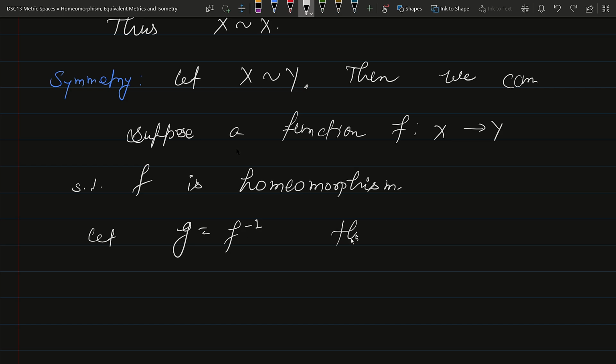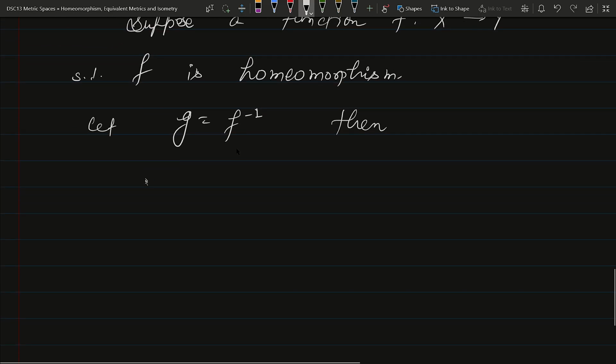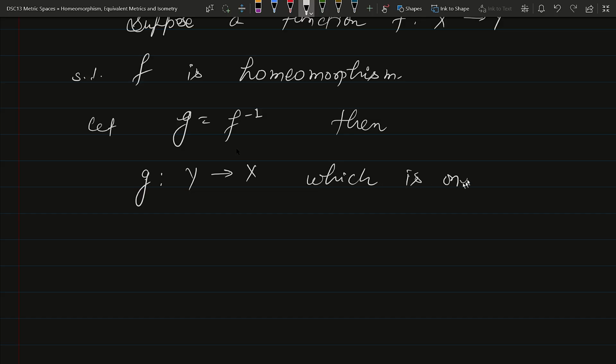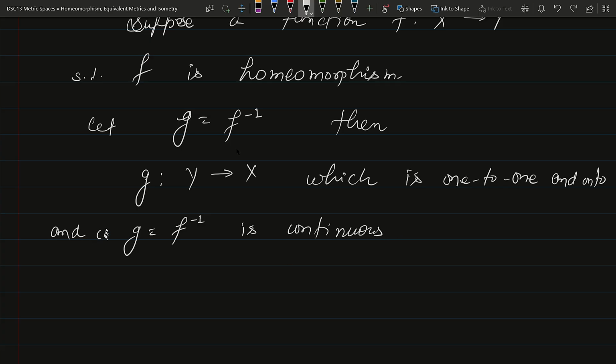ठीक है, then Z is defined from Y to X, which is one-one and onto, क्योंकि अगर f one-one और onto है तो इसकी इनवर्स इमेज भी one-one onto होगी. ठीक है, and Z, that is equal to f inverse, is continuous, and this is the first one.